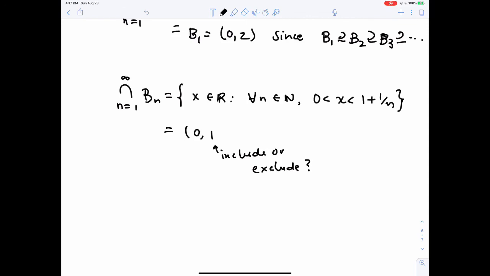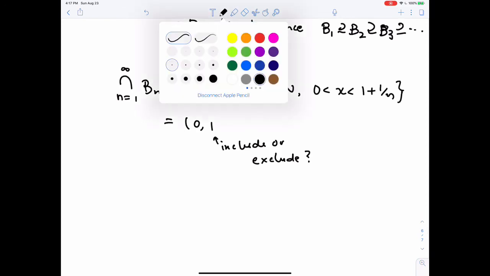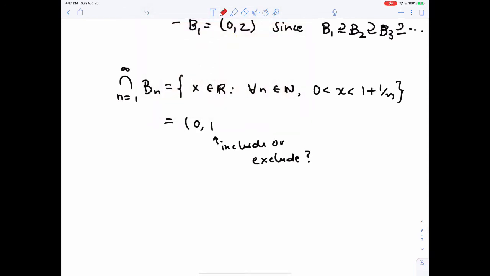And what we're really asking is, does 1 satisfy the inequality? So is 0 less than 1, which is less than 1 plus 1 over n, true for all n?